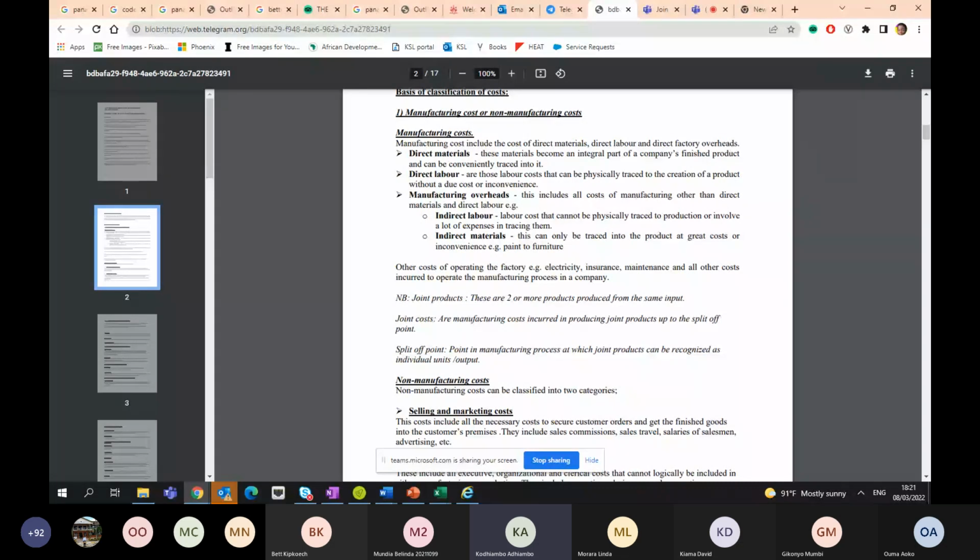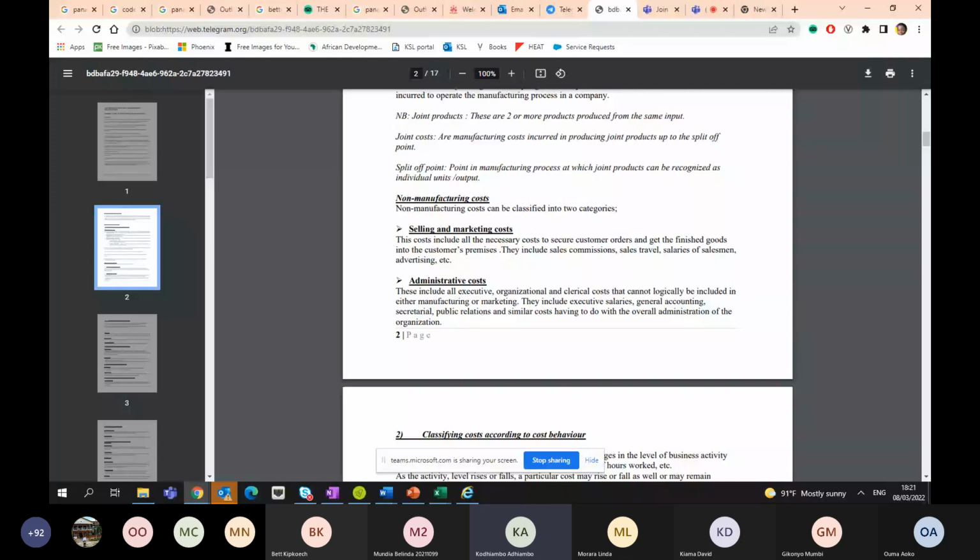Now, if we go to non-manufacturing costs, so you need to produce something, but then you still need to sell the thing. So these are all those other costs. Let me also put it in terms of legal work still, then it might make a lot of sense. So you might have the cost of your files, the cost of buying laptops for your employees or even seats in the office, but you have all these other costs that have nothing to do with your direct client.